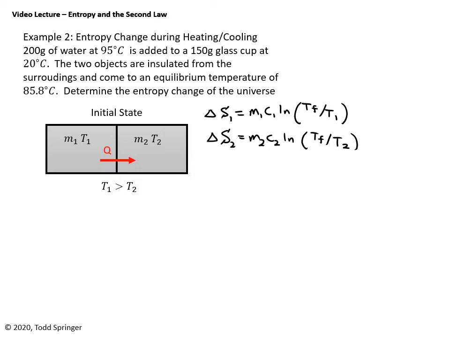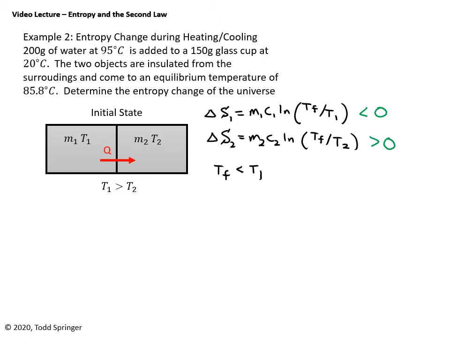So I just collected the information from the previous slide. Notice that delta S1 is going to be less than 0, and delta S2 is going to be bigger than 0. You can tell this because remember that Tf is going to be smaller than T1, because heat is flowing out of object 1 until it reaches Tf.